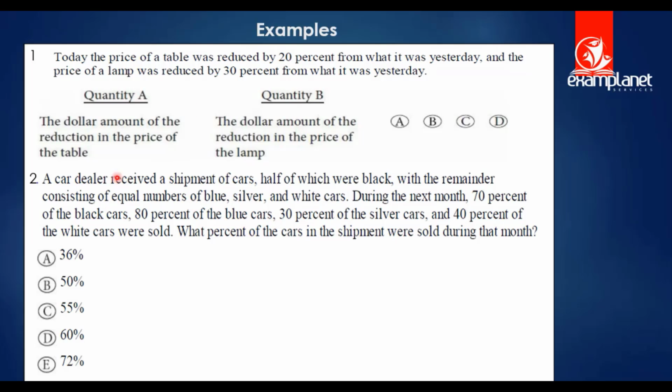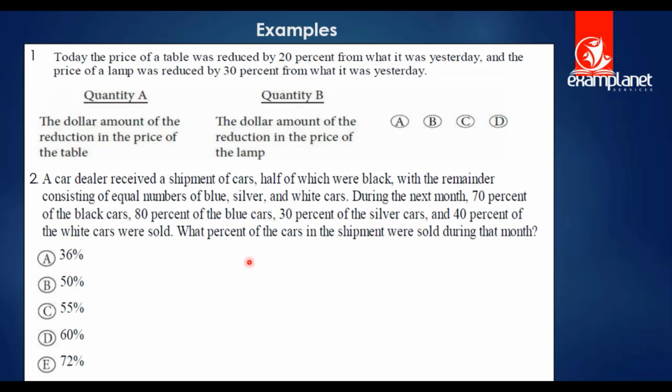So when you are just talking about percent, and no number, no value, no amount is mentioned, everything is percent, and also because it's asking us what percent, we can decide to pick a number to represent the total number of cars shipped. That makes the work easier.